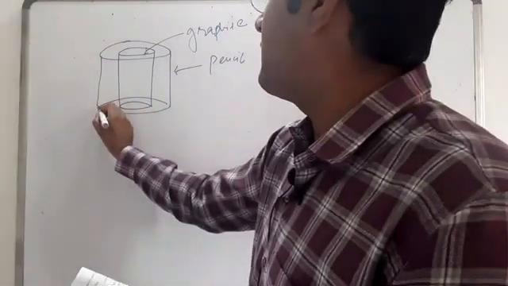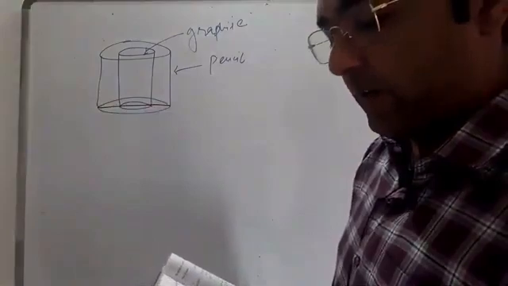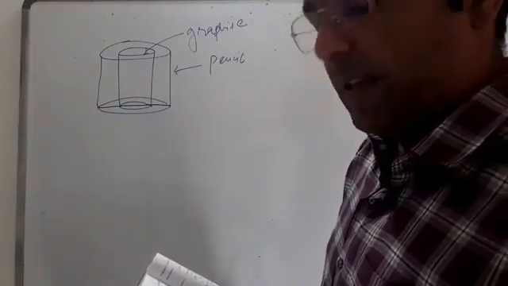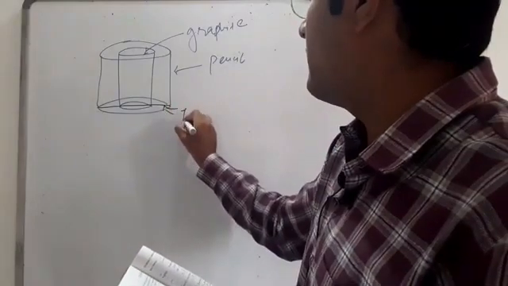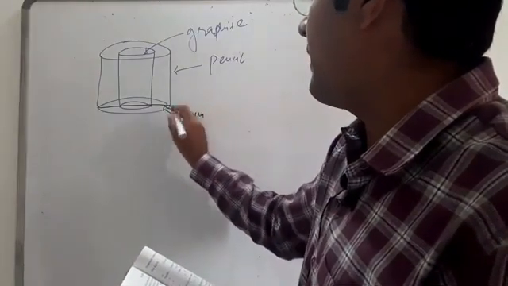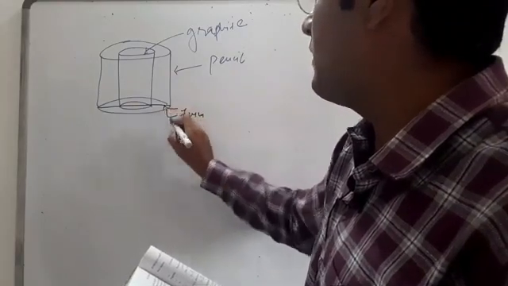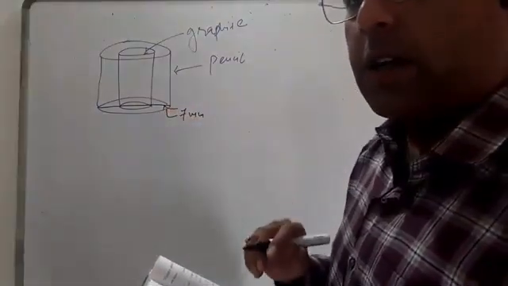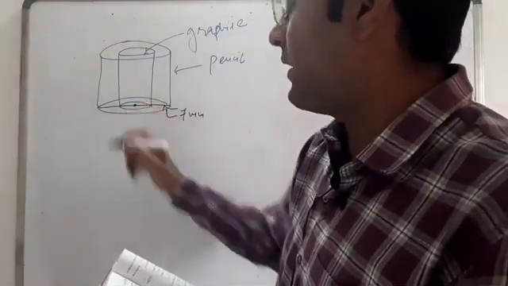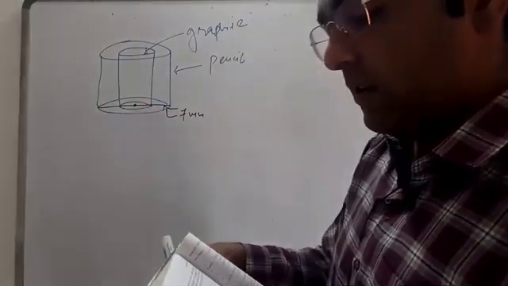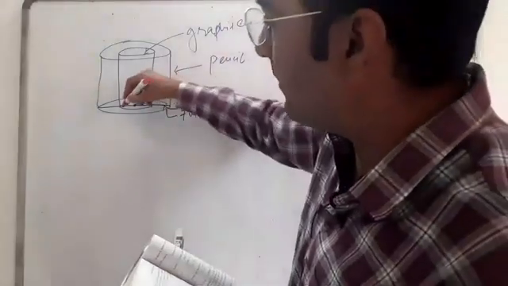The diameter of this total pencil is 7 mm. The second one is the diameter of the graphite, that is, only this part.